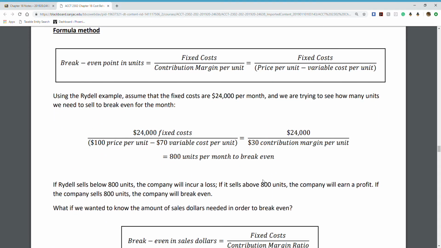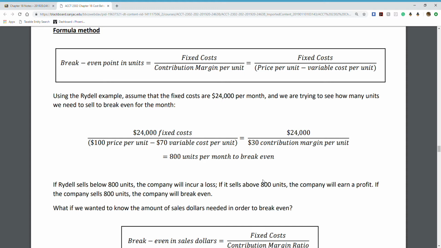So the formula that we got is fixed cost divided by contribute margin per unit. This is to do it in units. Okay, so again, contribute margin is price per unit minus variable cost per unit.